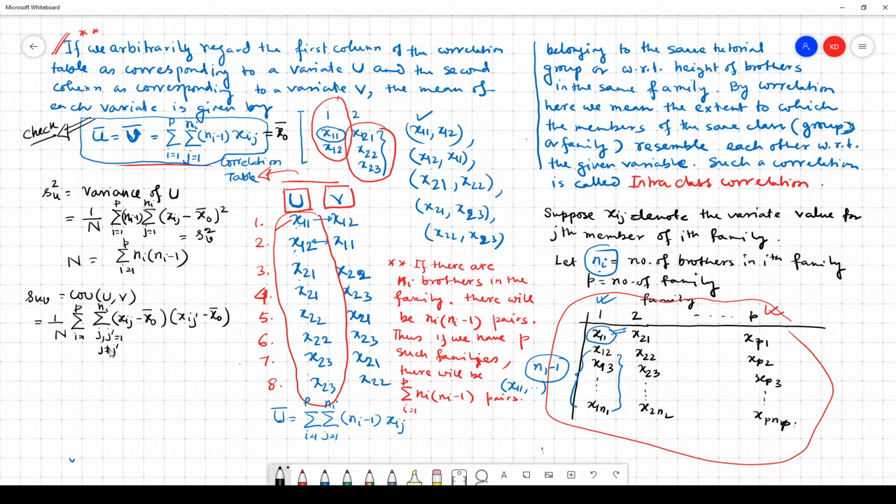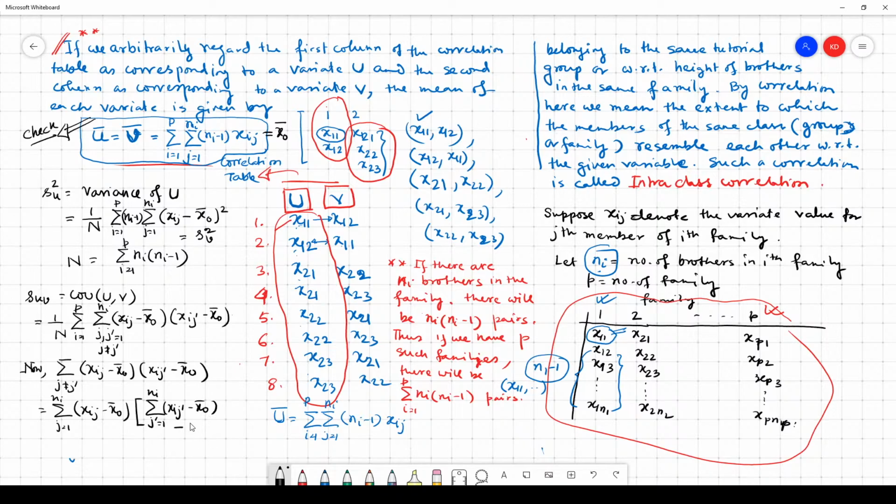Now the sum over j not equal to j dash of xij minus x naught bar times xij dash minus x naught bar can be written as the sum over j from 1 to ni of xij minus x naught bar, times the sum over j dash from 1 to ni of xij dash minus x naught bar.